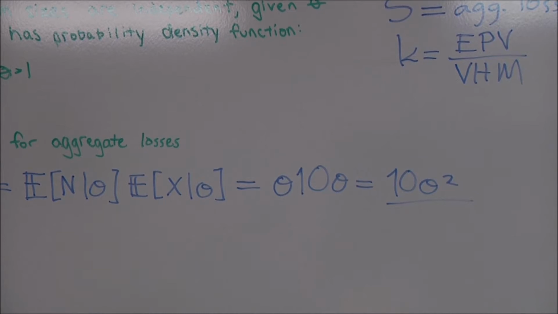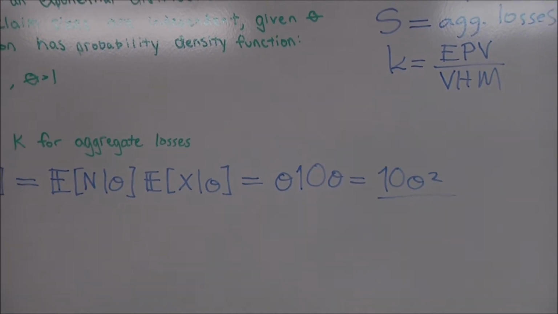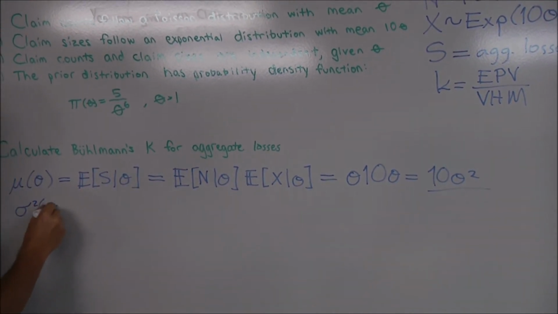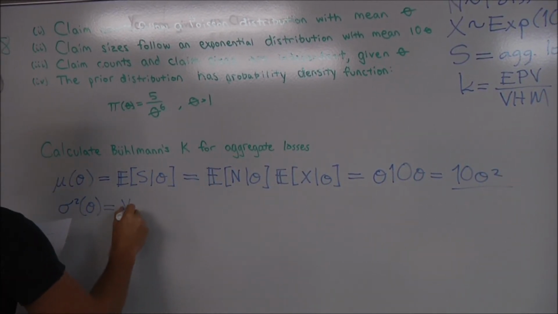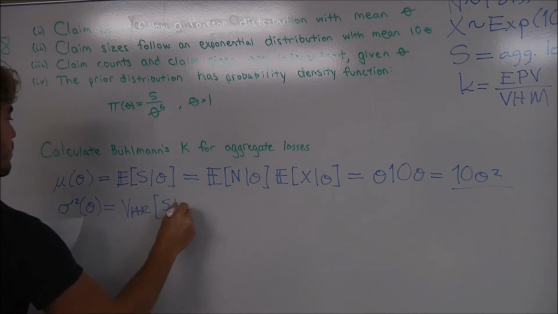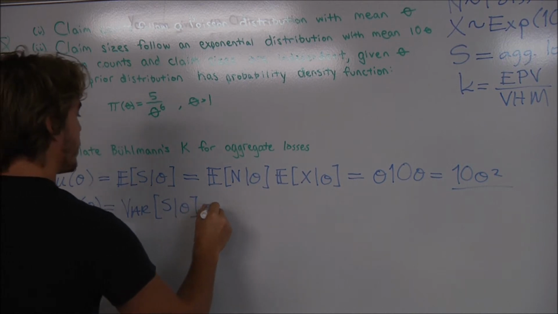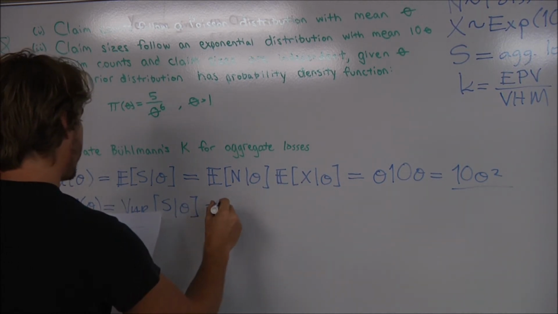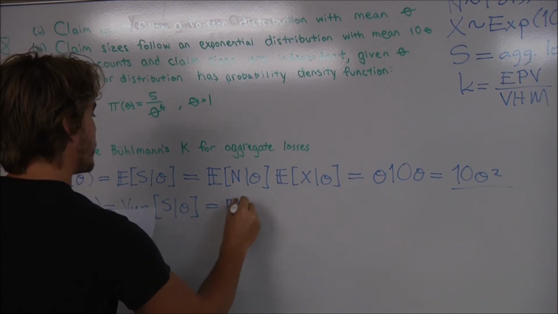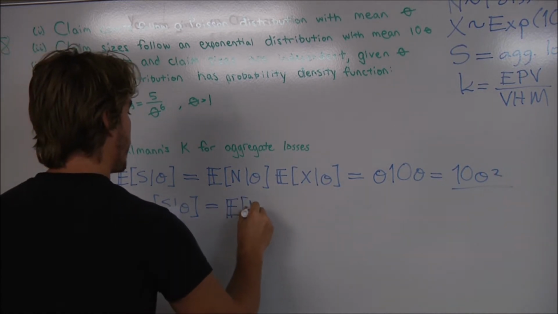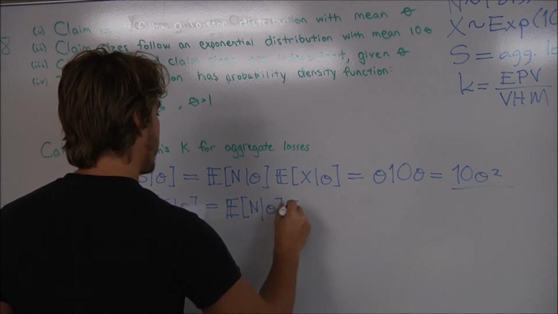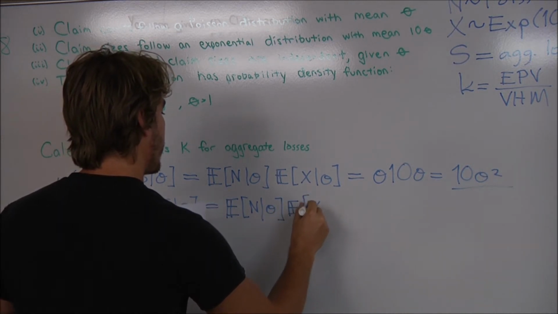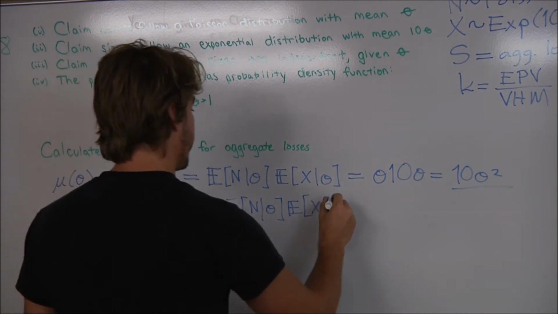The process variance we'll denote as sigma squared theta, and that's going to equal the variance of our aggregate losses given theta. And again, we learned this equation in the J class. This is equal to the expected value of the number of losses times the expected value of the squares of the sizes of the losses.